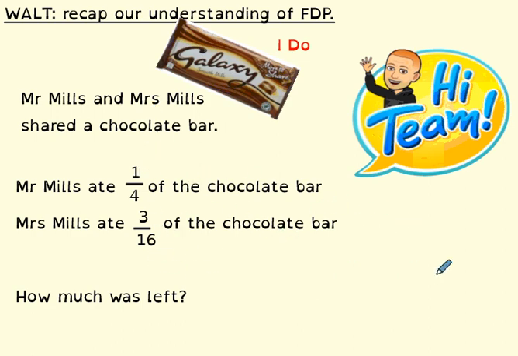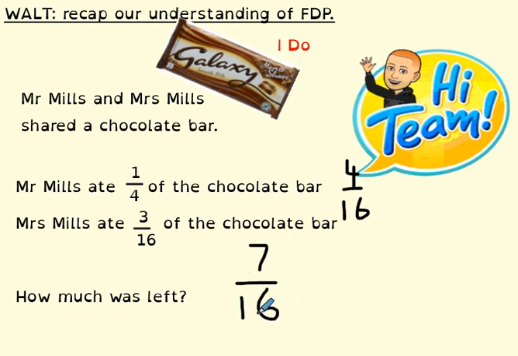Because 4 is a factor of 16, I can times 4 by something to get to 16. I can make my fraction over a denominator of 16 by timesing the numerator by 4. I times the denominator by 4 to get from here to here. 1 times 4 is 4. If I ate 4/16 and she ate 3/16, in total, we both ate 7/16.